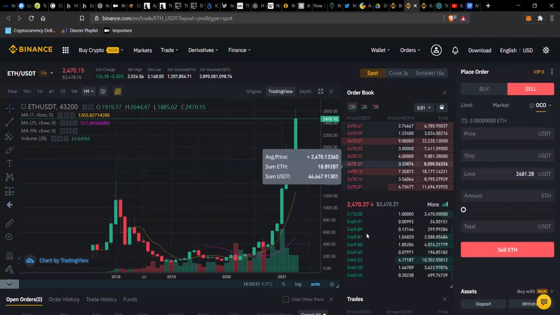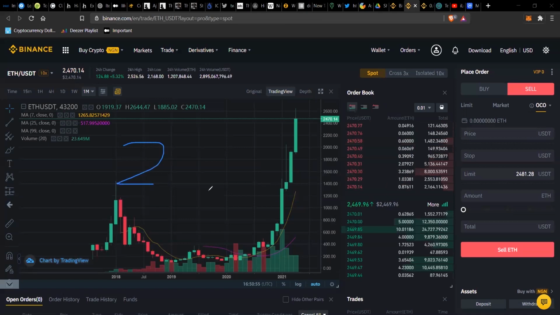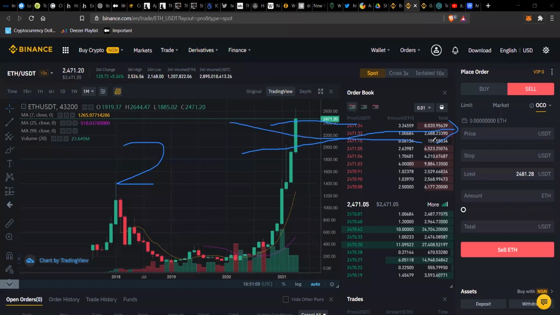Now with OCO, you can set two trades in one. So you can tell this coin that, let's say I buy this coin now at 2,470. I can set a trade such that if this coin gets to 3,000, help me sell. And in the same trade, I can also set my stop loss.